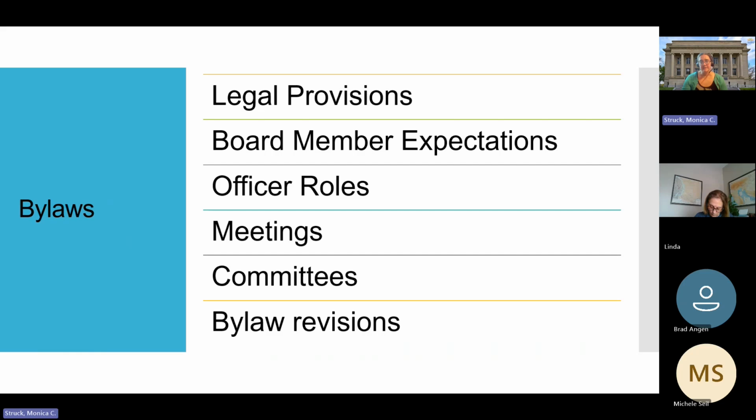If you have specific committees involved, the bylaws is the place to put information about committees. And also a plan for revising the bylaws. So if you want to say that you're going to revisit the bylaws every 3 years, go ahead and put it in the bylaws.